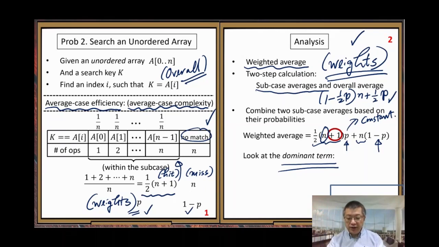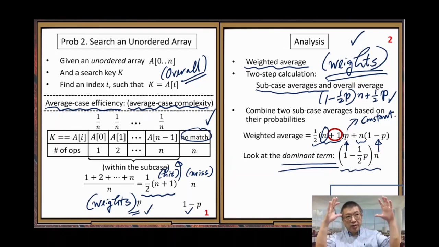When we look at a dominant term, some minor, small numbers we can ignore. The dominant term is the constant number in the parenthesis, 1 minus 1/2 p, times the variable n.